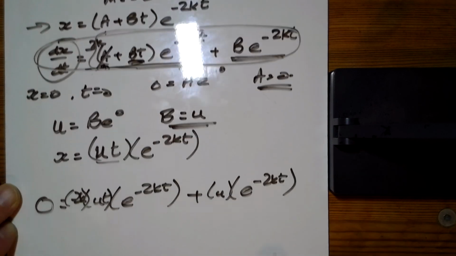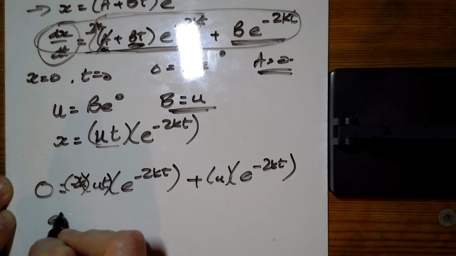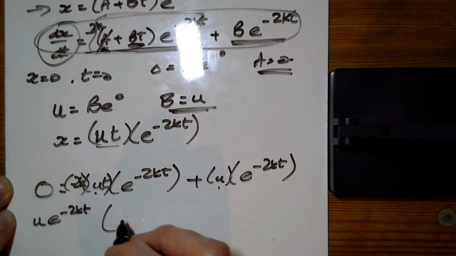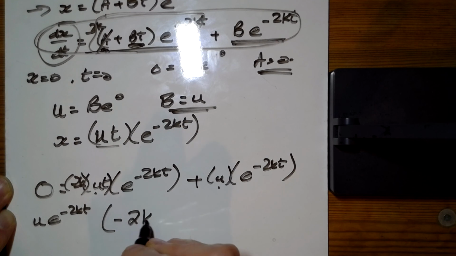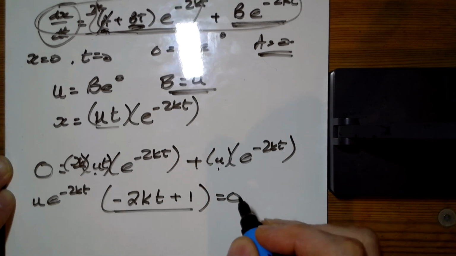So there's me differentiating, product rule here. Take out the factor of e to the minus 2kt, and we know that can't equal 0, don't we? I can see a u in both of those, so let's take out the factor of u as well. So I've got minus 2kt from here and plus 1 from there. So this is the thing that must equal 0 at that point there.